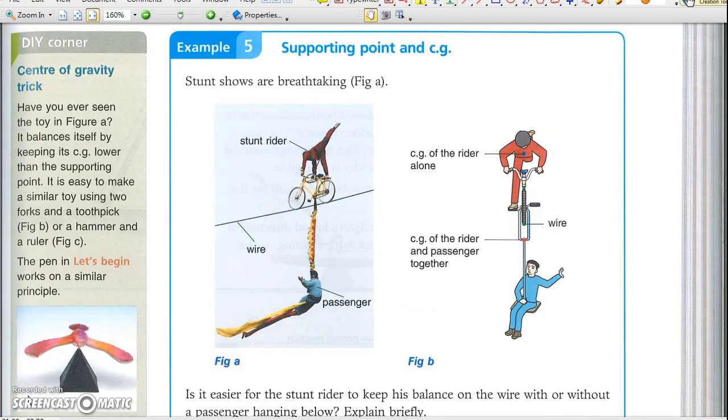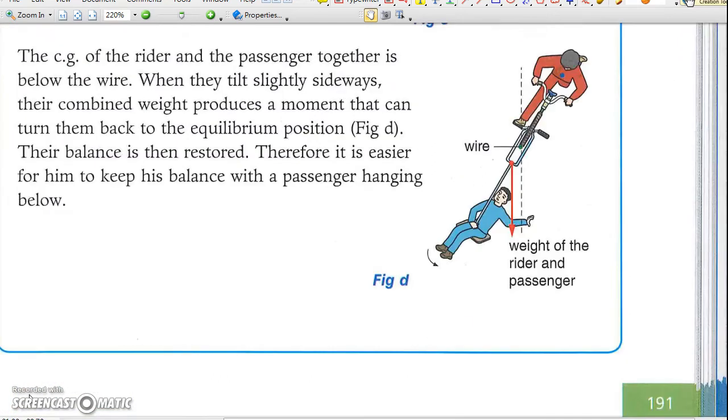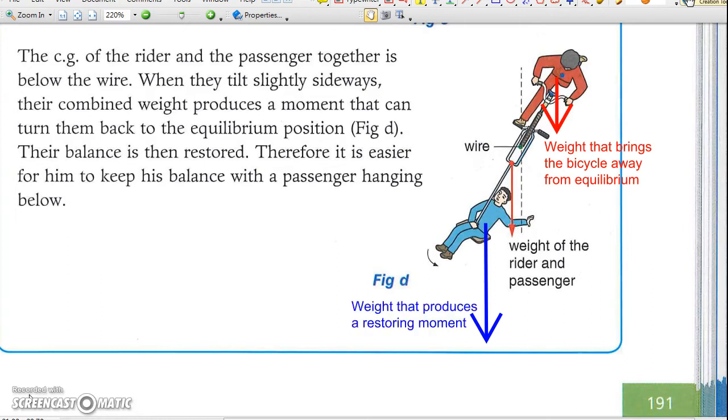Example 5. Supporting point and CG. The stunt rider appears to be pretty dangerous, but by physics, we know that they are pretty safe. The weight of the man in red produces a clockwise moment about the wire that brings the bicycle away from vertical, but the weight of the man in blue produces a restoring moment that brings the inclined bicycle back to vertical.